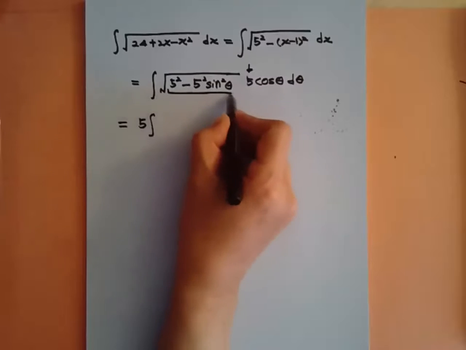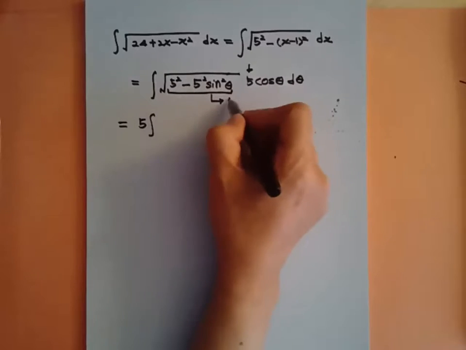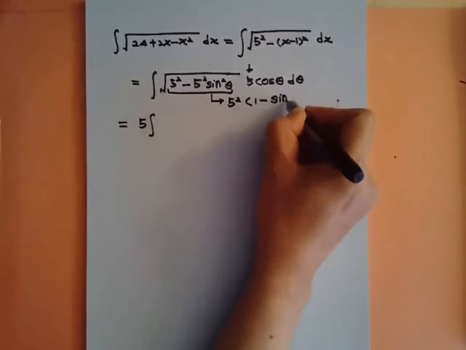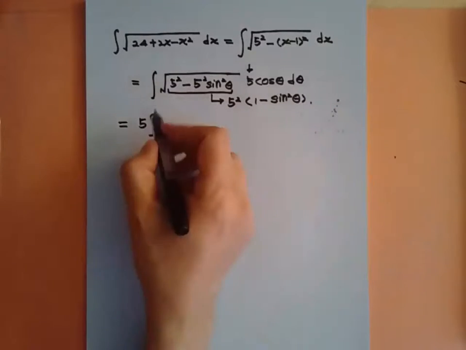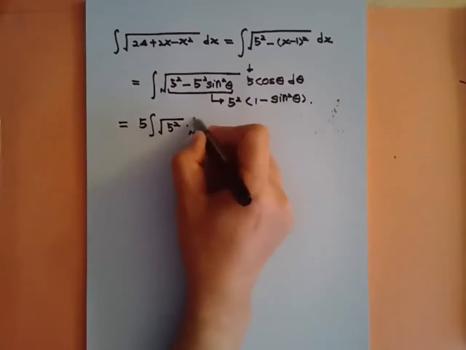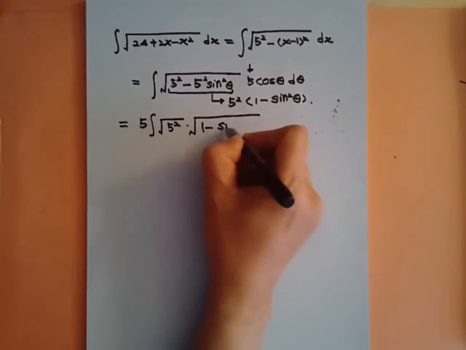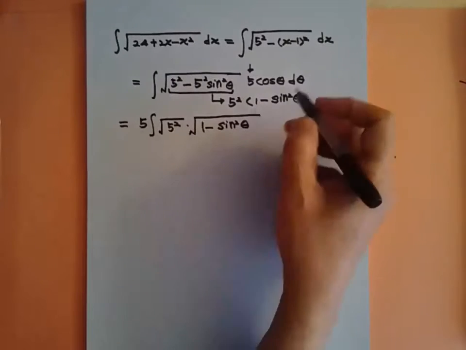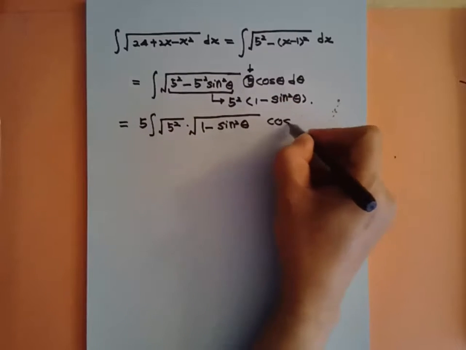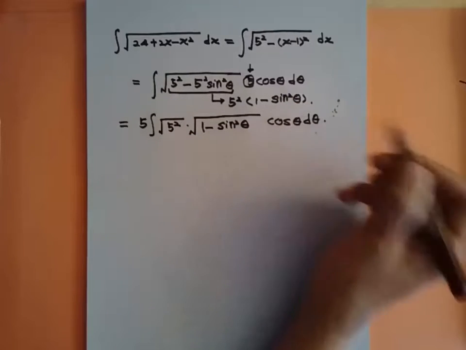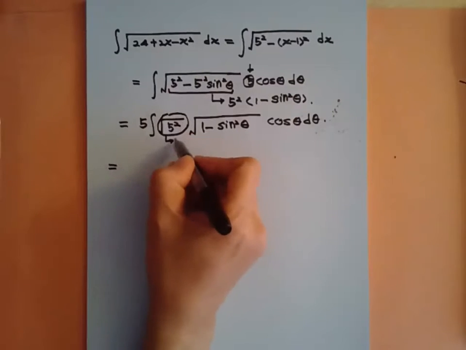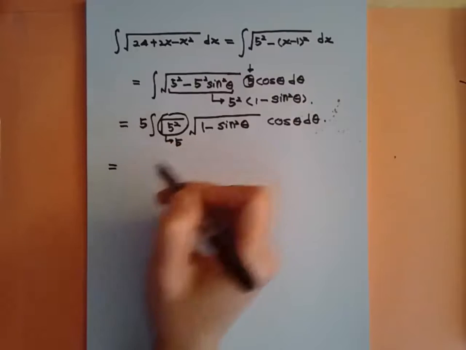This one, we can take out 5 squared, right? 5 squared, 1 minus sine squared of theta. So we can rewrite that as the square root of 5 squared times the square root of 1 minus sine squared of theta. We already wrote this one here. So we write cosine of theta d theta. So square root of 5 squared is 5, and 5 times 5 will make 25.